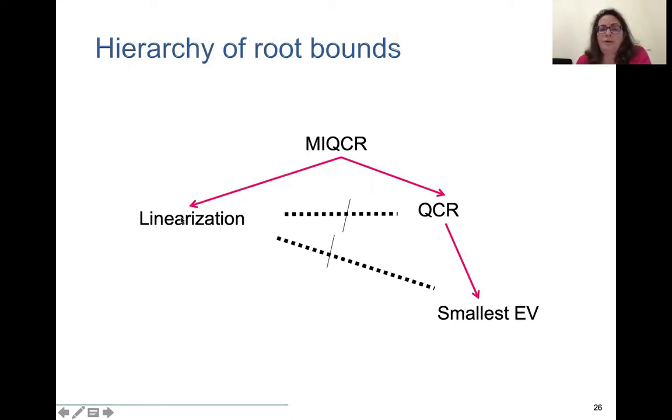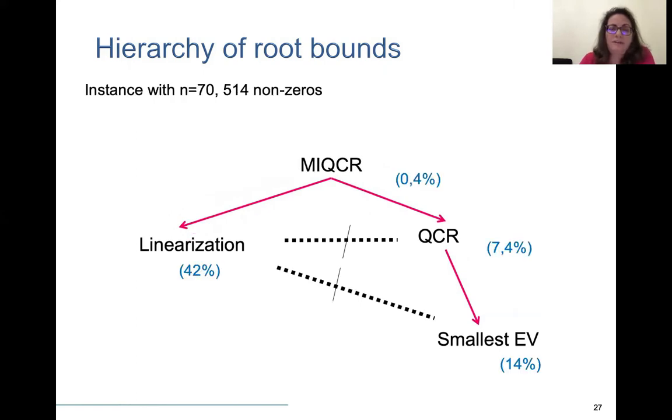As I said before, linearization and QCR cannot be compared from the bound point of view, neither with the smallest eigenvalue. So to give you a precise numerical example of the kind of bounds that you can get at the root of the branch and bound, this is an example with 70 variables and about 500 non-zeros, just a quadratic function with binary variables.